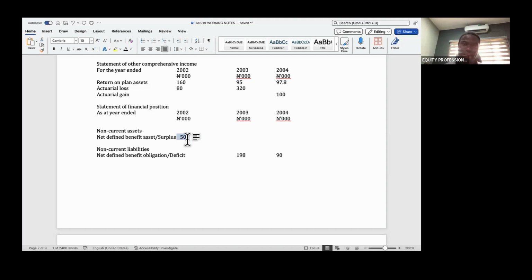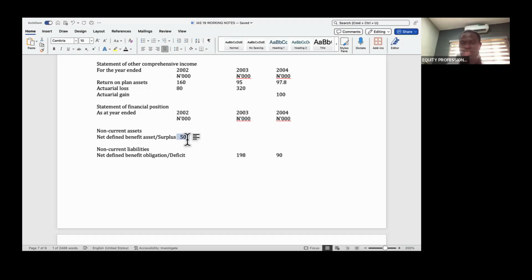That's the benefit you will get, which is what an asset is. And that's what asset ceiling is looking at. It's just trying to say don't overstate this your surplus, right? The examiner will give you an indication of the actual savings, and that is what should be recognized in place of this. But you know that if instead of recognizing 50, the examiner says the actual savings you make from this is actually, let's say, 40, and you change it to 40.